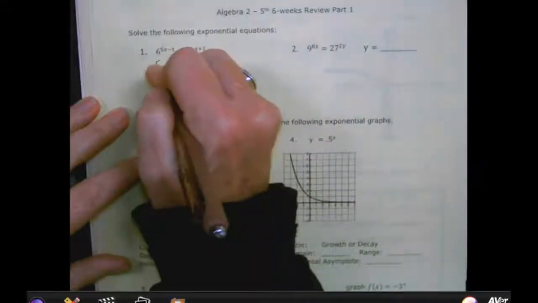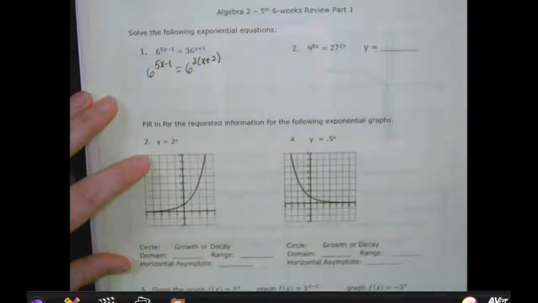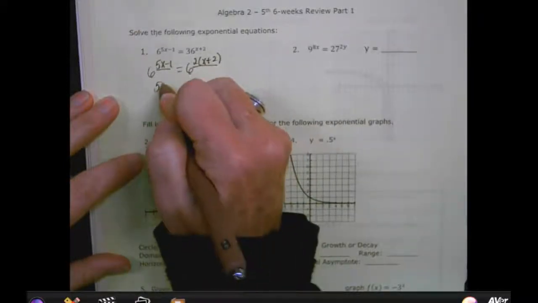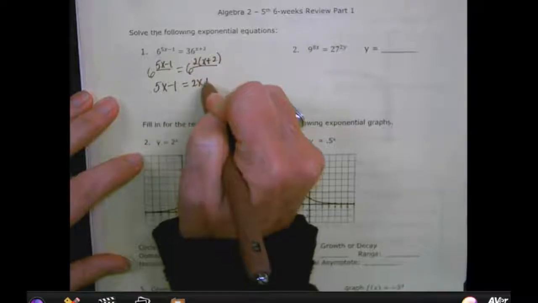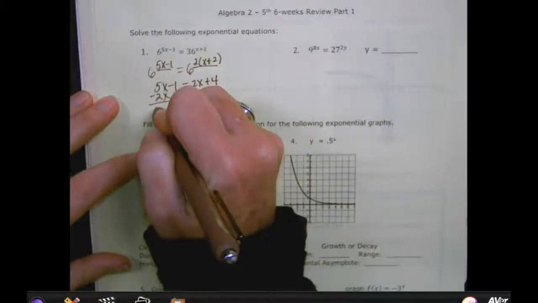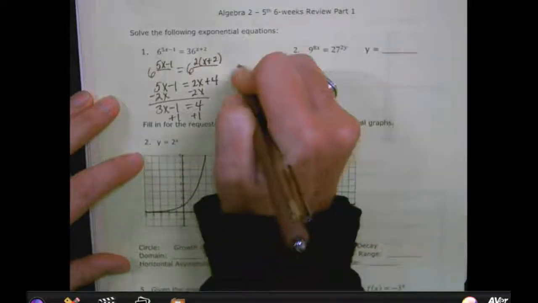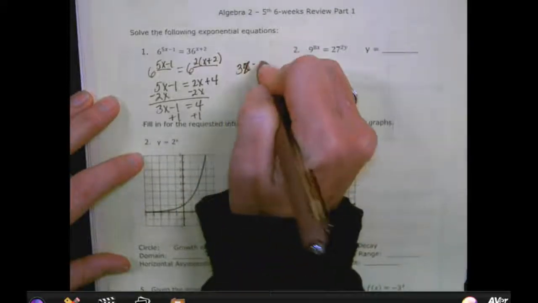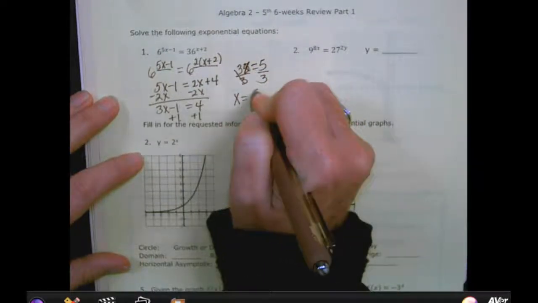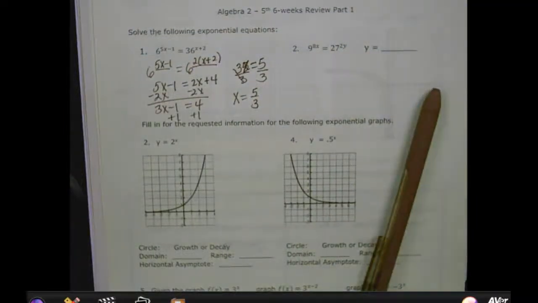So this one doesn't change, but this one, so then you set this equal to this and solve for x. So you get x is 5/3. Okay, you try number 2.